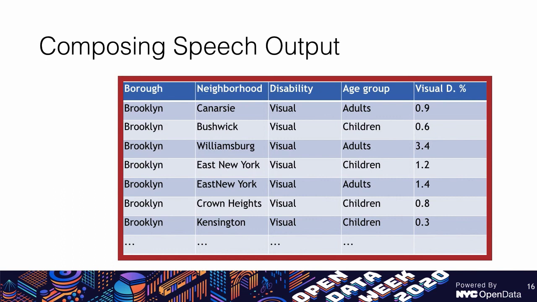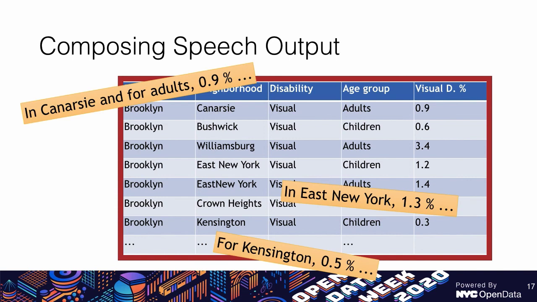Now, for instance, if we consider this table here, we could choose to talk about some more specific facts, such as the ratio of the population who has a visual disability in Kennedy and among the adult population.